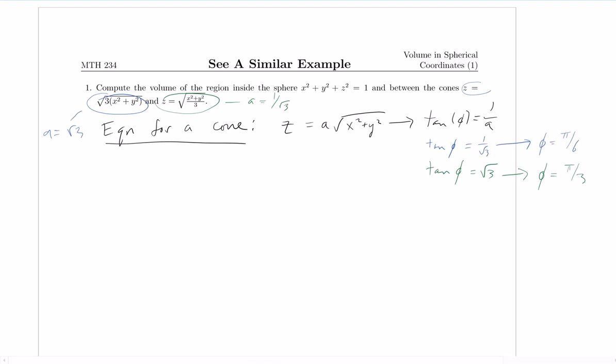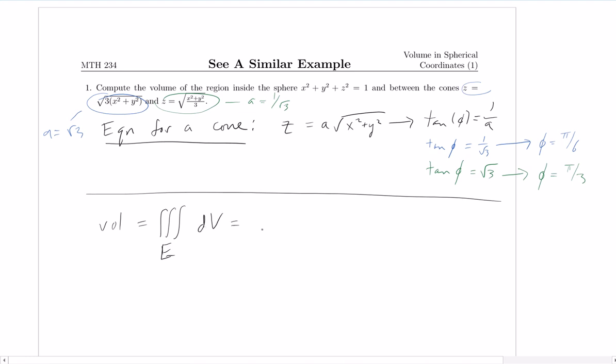Okay, now we can actually do the computation. So the volume, as always, is just the integral over the region of the function 1. And now we convert this into spherical coordinates. dV becomes rho squared sine of phi, d rho d theta d phi.